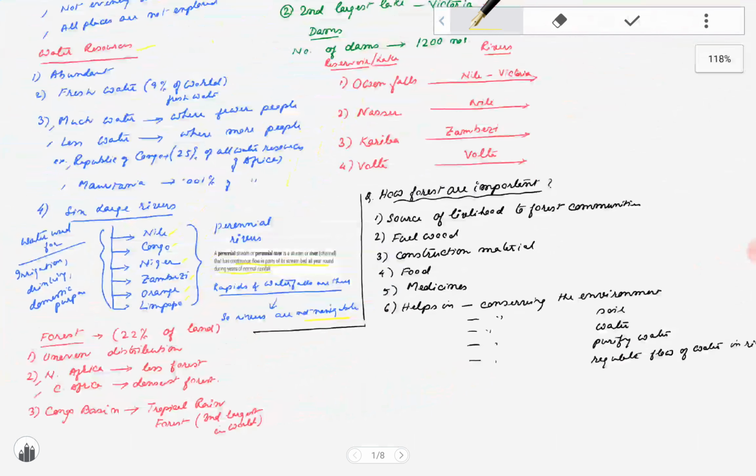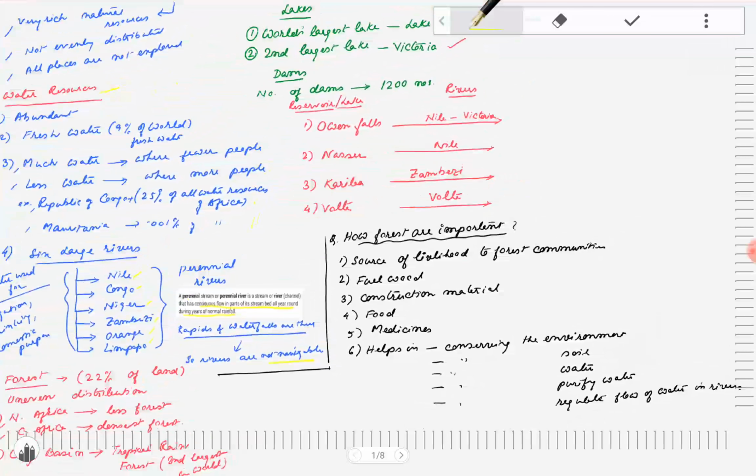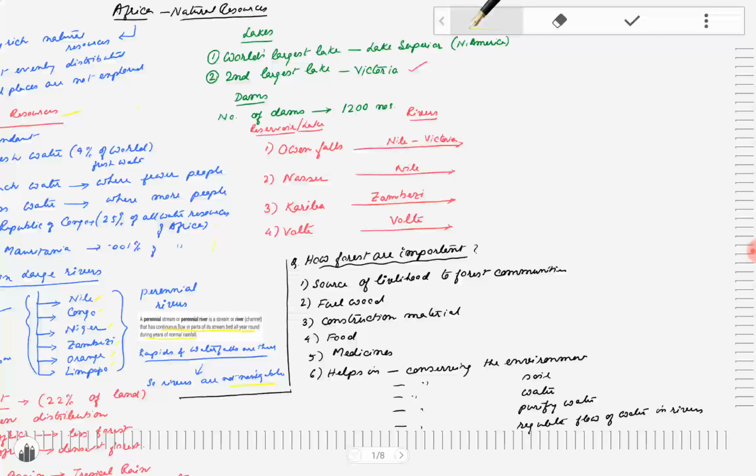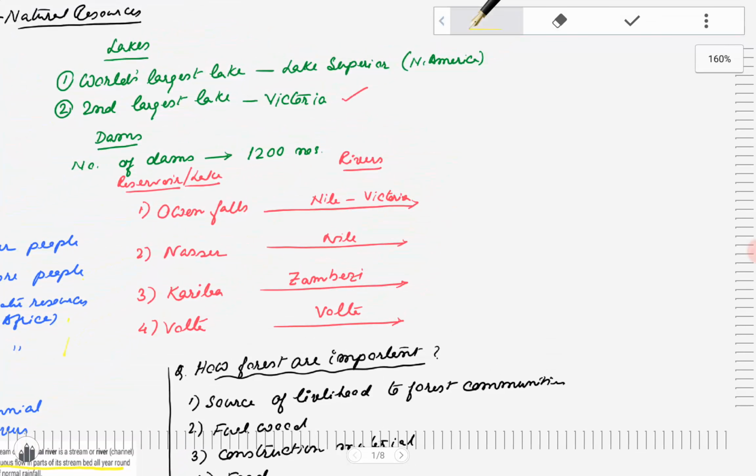Now let us come to the lakes. The world's largest lake, Lake Superior, is in North America, and the second largest is Victoria. And dams, the number of dams is approximately 1200.